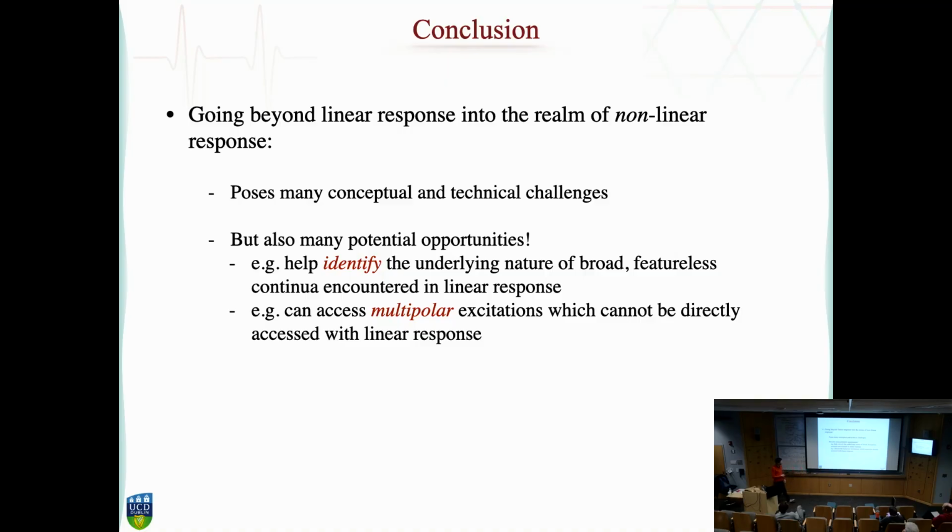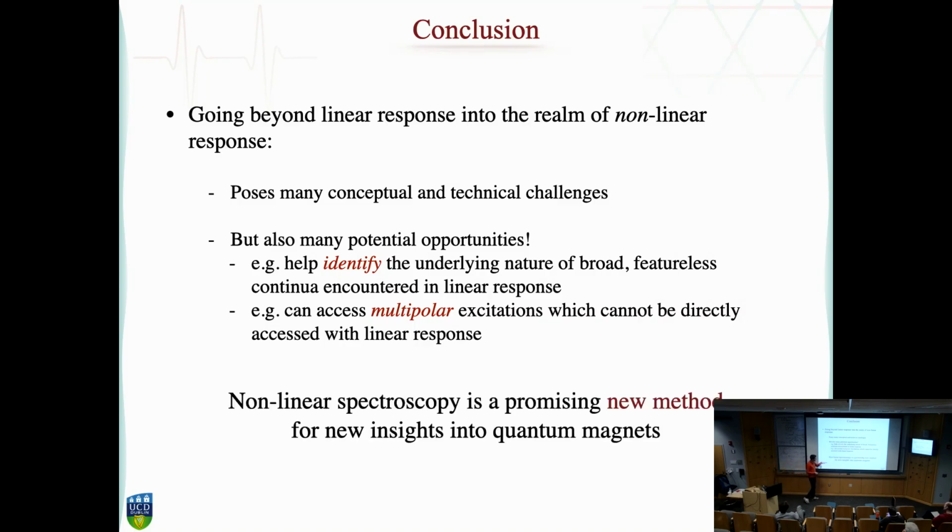I think it'll also help you access these multipolar excitations, and also more complex band states in this cobalt niobate case. I didn't show it to you, but if you go to finite field, you can identify quite complex band states that you can't see in the linear response. So I hope nonlinear spectroscopy going forward will be a promising new method to get new insights on quantum magnets. Hopefully you'll hear more about it in the years to come. Thank you.